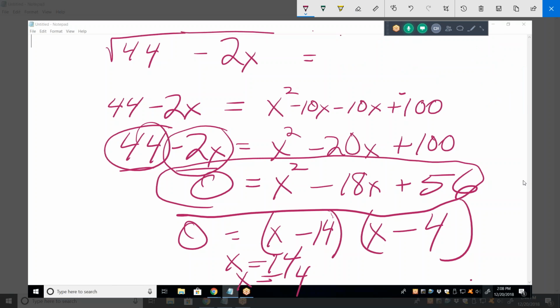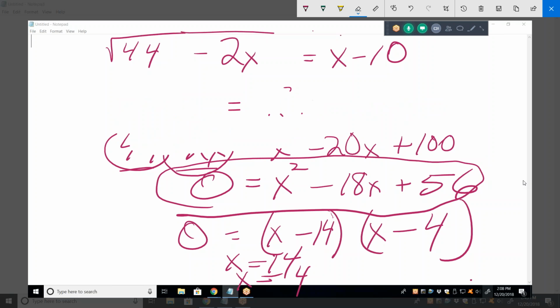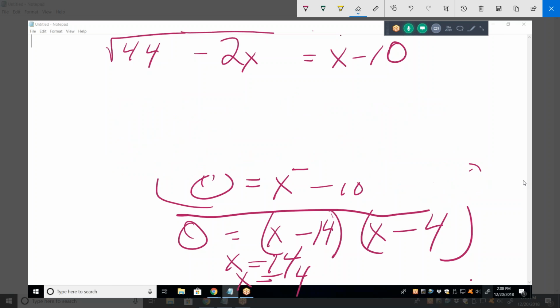Yeah. So that was our original equation. You don't always have to check these. But when you're looking at a radical sign, you do.